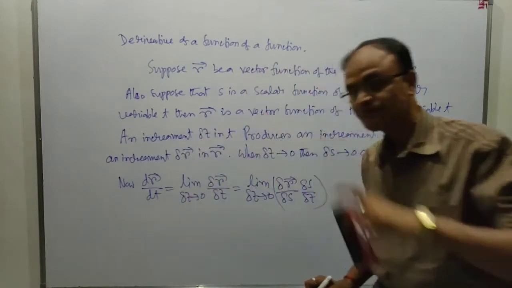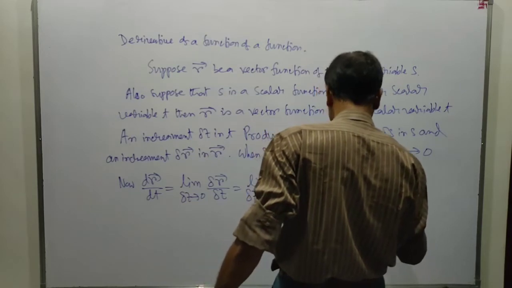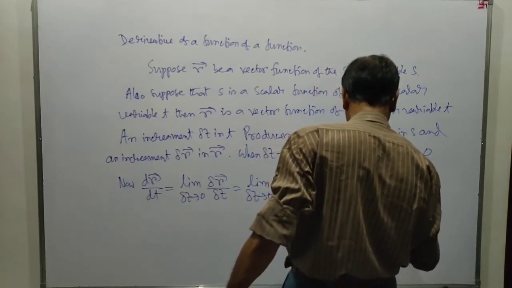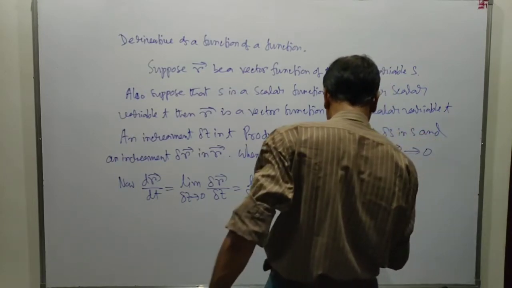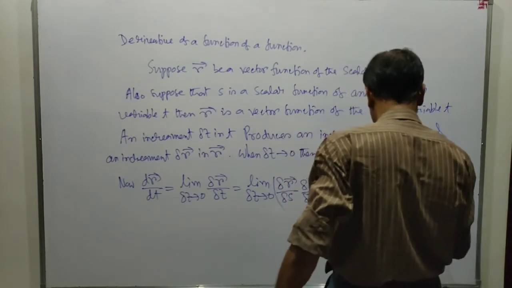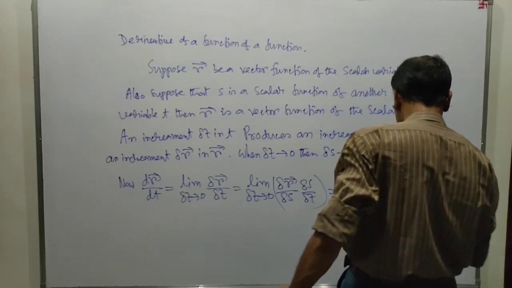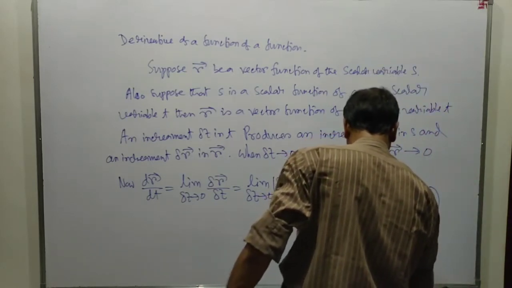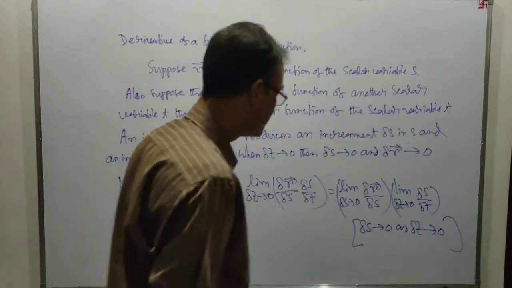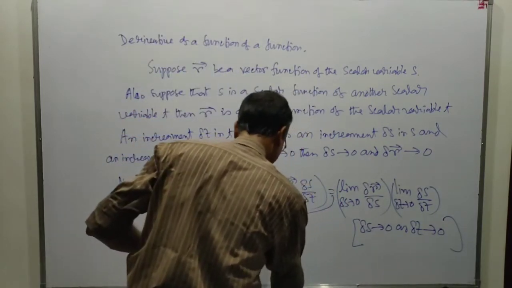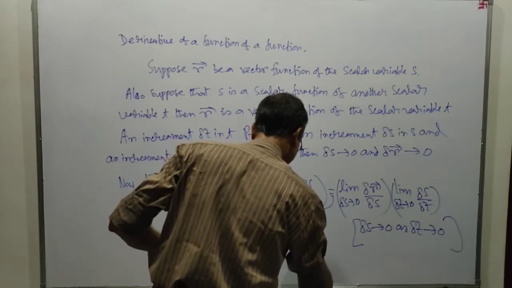By the property of limit, you may write it in this way. Here delta s tends to 0 as delta t tends to 0. From this, it is nothing but dr vector by ds times ds by dt.